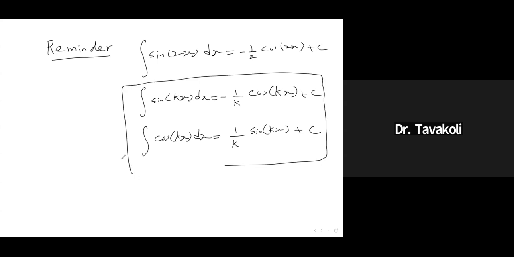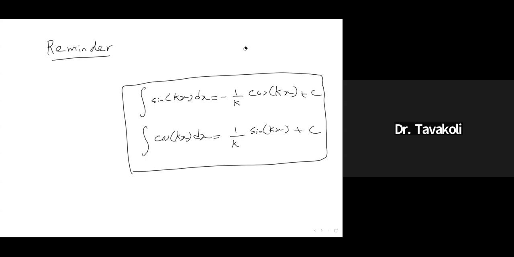So these two are helpful formulas. If we keep them in mind for these two types of integrals, we don't need to use substitution every time and find the answer. By using substitution, we can get these formulas. For both of these, the simple case was when k is 1, like the integral of sine of x is minus cosine x, and the integral of cosine x is sine x.